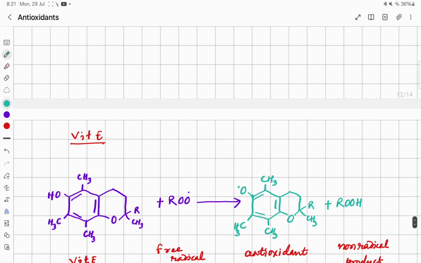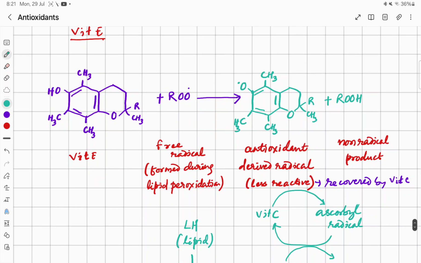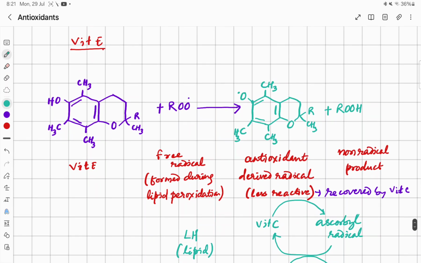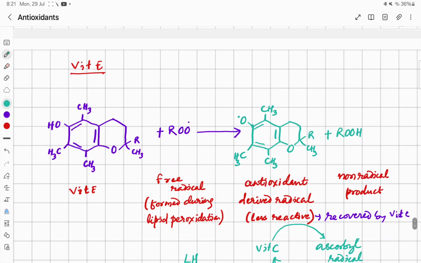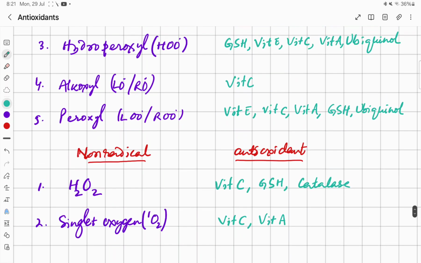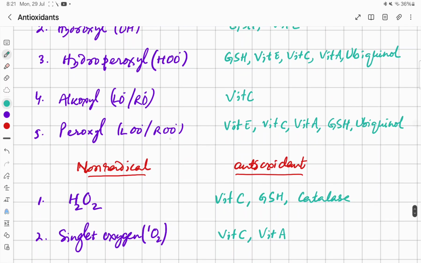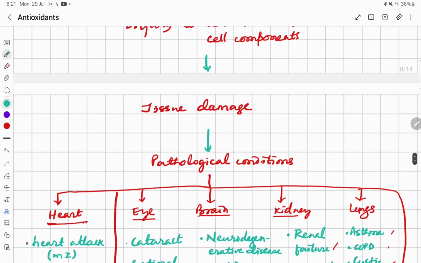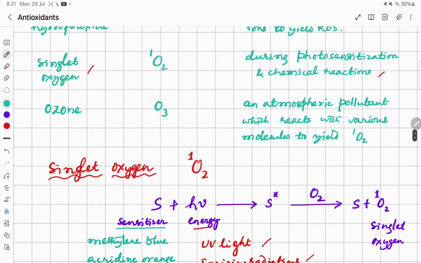And you can see the example of vitamin E. Vitamin E neutralizes the free radical we have just discussed, peroxyl, during lipid peroxidation.